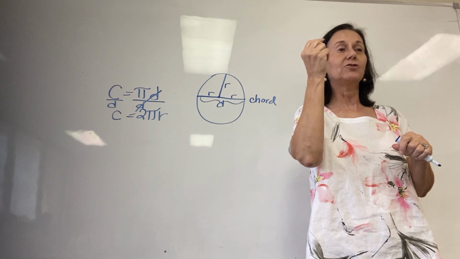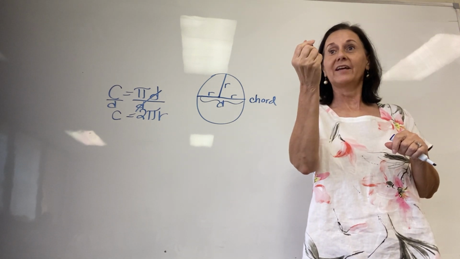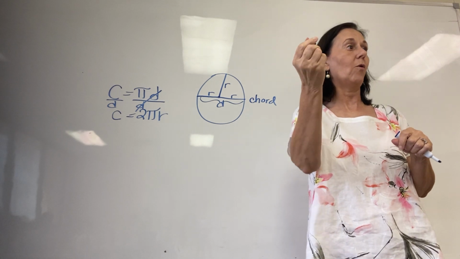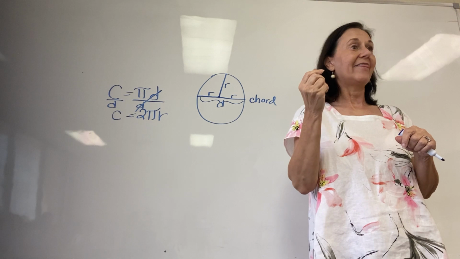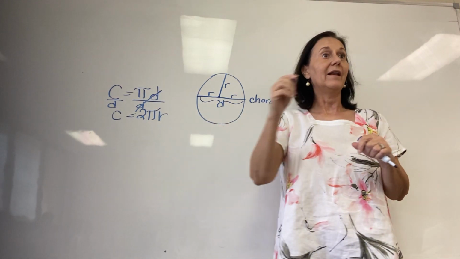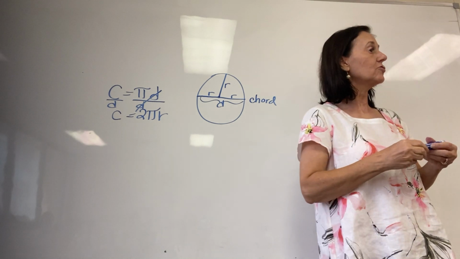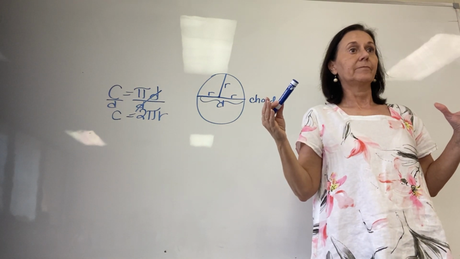Okay, to me, just to contemplate that is amazing. To know that God could put into order creation such that this value never changes. The same is true with so many mathematical formulas.